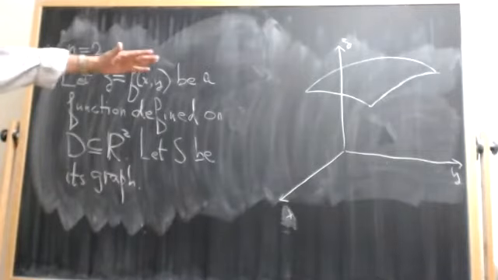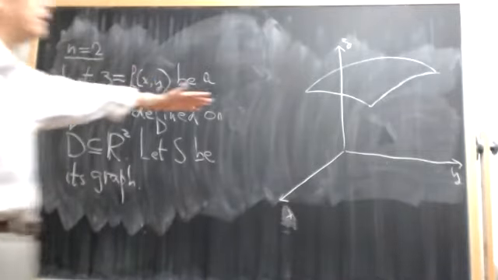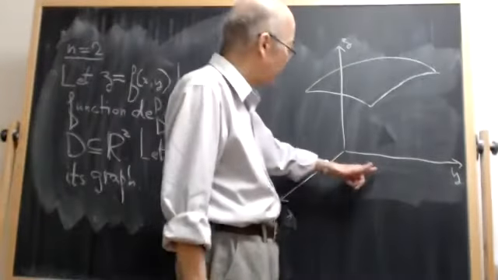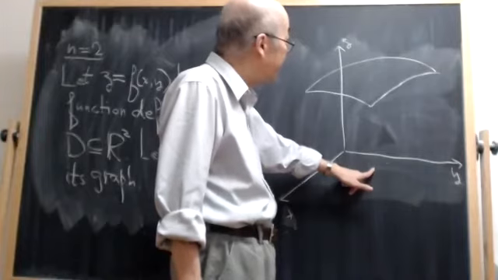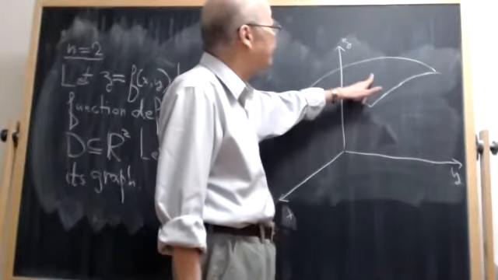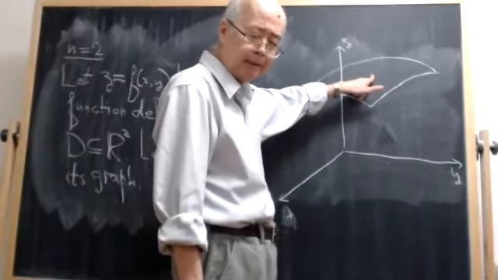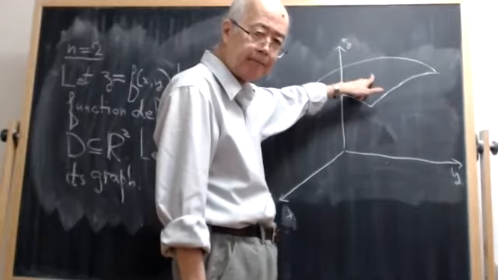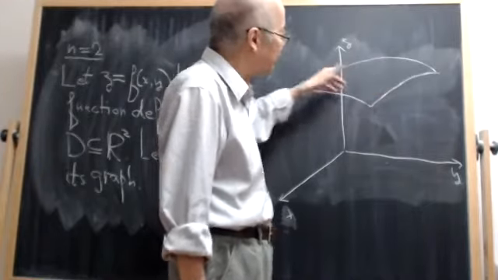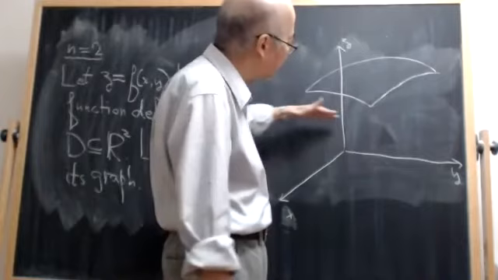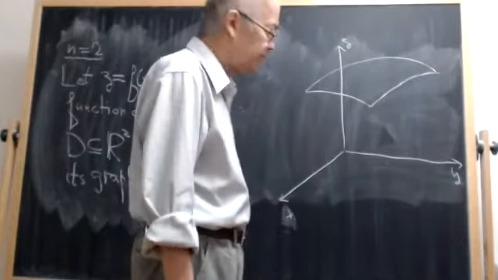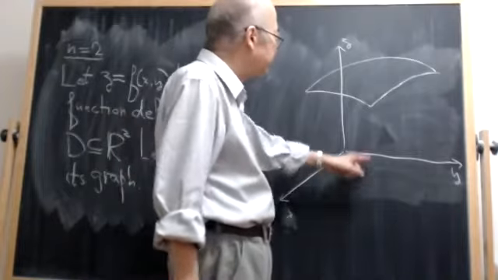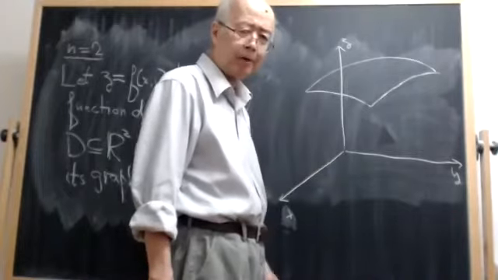It has two elements. To every point in the xy plane, there is a unique point in the surface. So this surface cannot curve like this. To each point, you have a unique point.